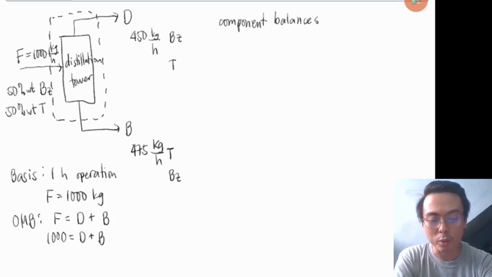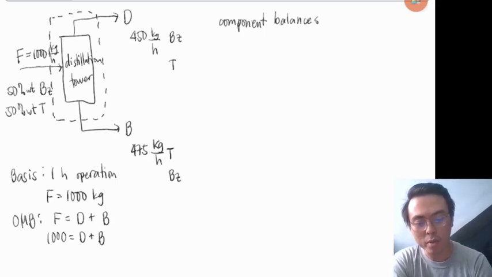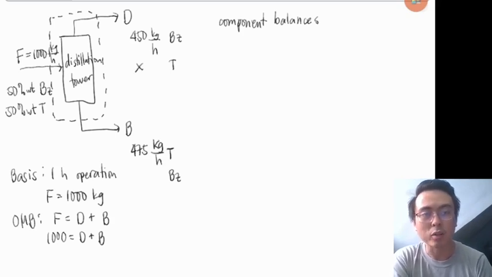So we have to figure out how much toluene is in the distillate and how much benzene is in the bottoms product. That represents another unknown. So I will represent the amount of toluene in the distillate as X and the amount of benzene in the bottoms as Y.